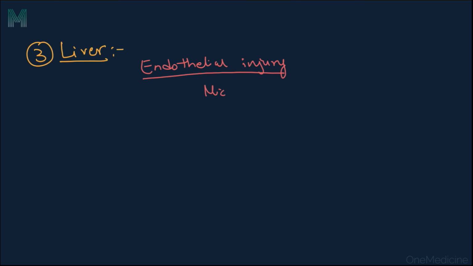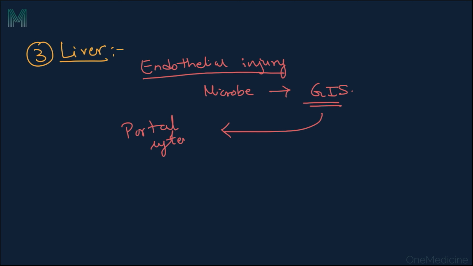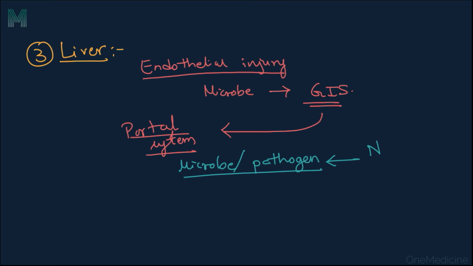The third organ system we are looking at is the liver. The same concept that happens in the lungs happens in the liver. There is an extensive endothelial injury, especially in cases where the microbe is entering the body from the gastrointestinal system or GIT. Once they enter the portal system from the gut into the liver, in a normal response, the microbe or the pathogen is limited by our body's normal and natural inflammatory response.